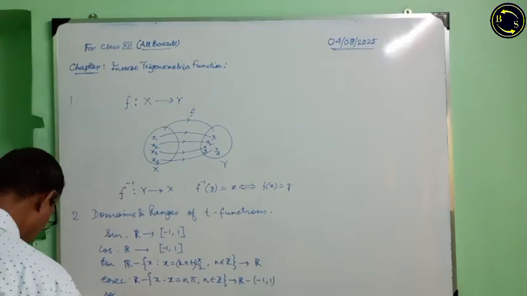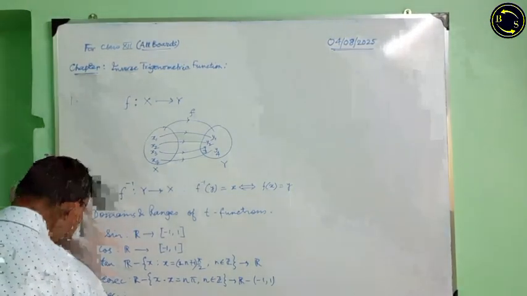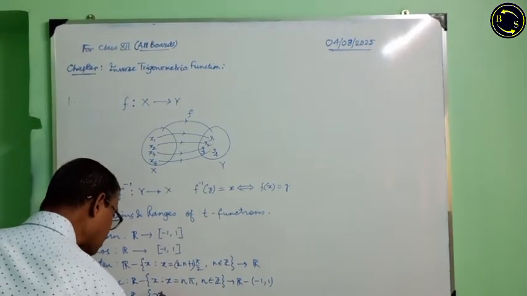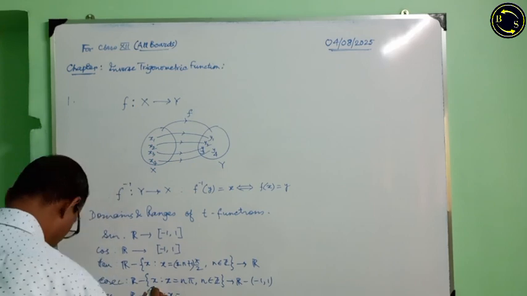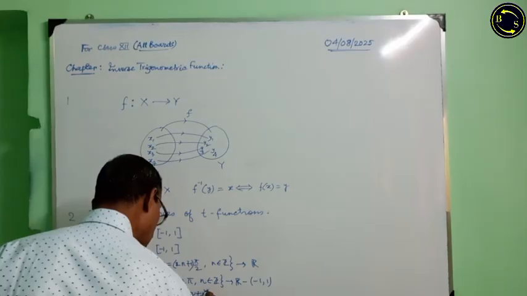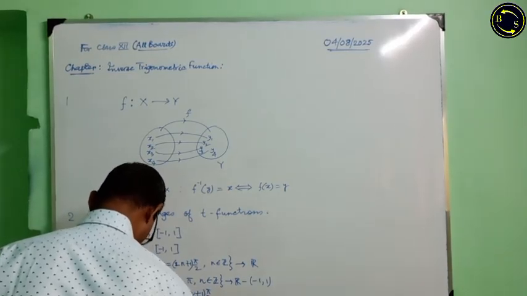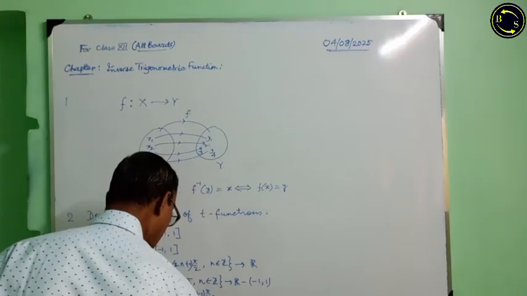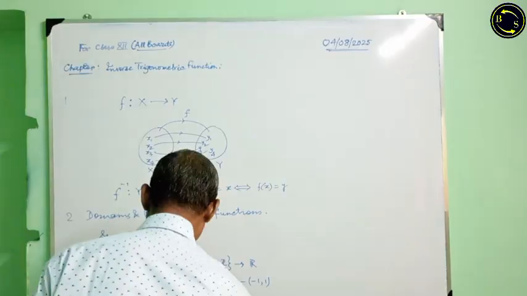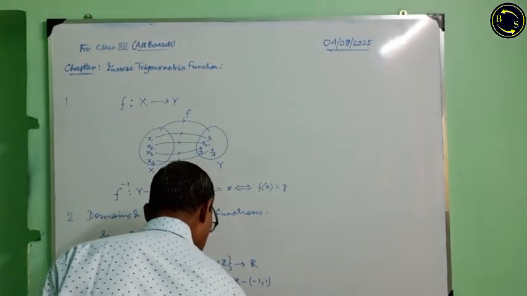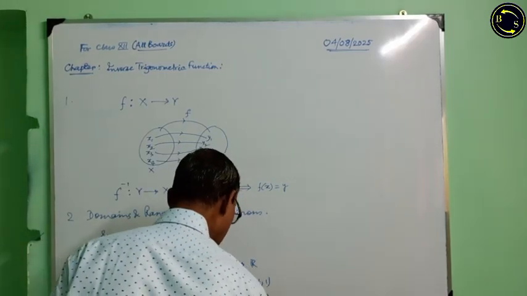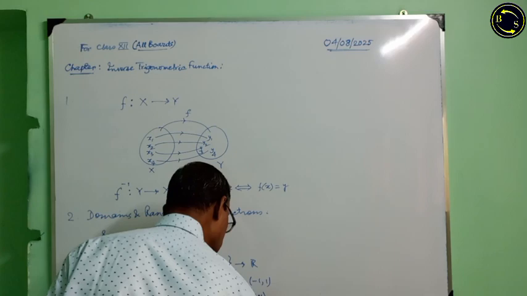Then for sec function, set of reals minus set of x such that x equal to 2n plus 1 into pi by 2, already mentioned, n set of integers, to set of reals minus the interval minus 1, 1.